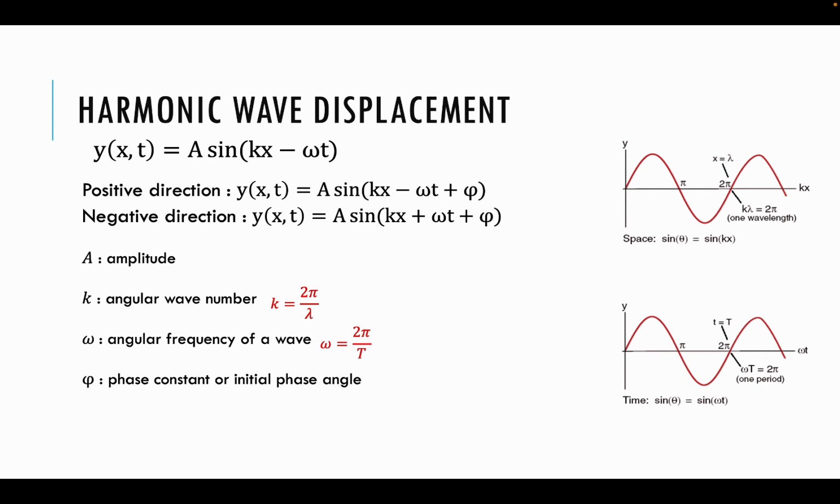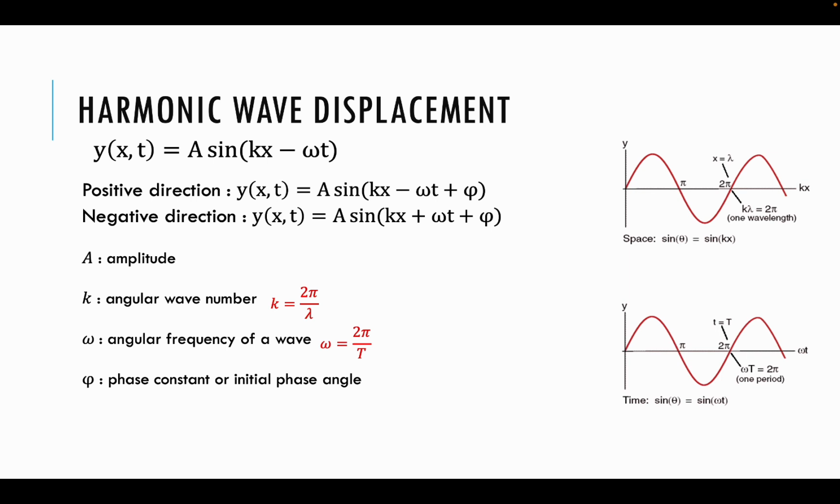If the displacement of the individual atoms or molecules is perpendicular to the direction the wave is traveling, the wave is called a transverse wave. If the displacement is parallel to the direction of travel, the wave is called a longitudinal wave or a compression wave.